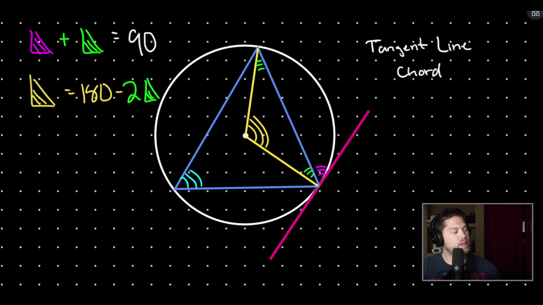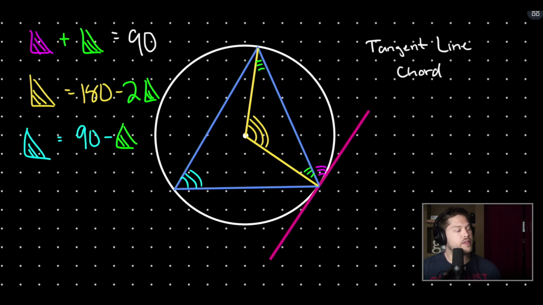And then also notice that the original angle in question is an inscribed angle to my central angle. And recall that an inscribed angle is half the value of a central angle. Therefore, my inscribed angle is going to be half of my yellow angle, so it will be 90 minus a single green angle.